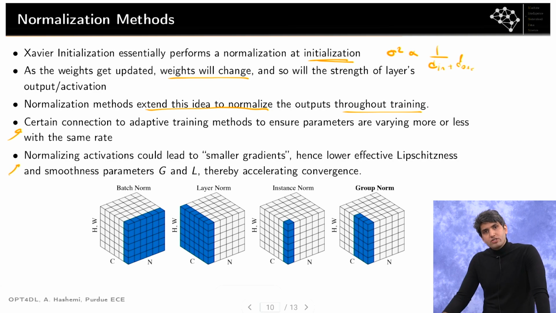I would say normalization ideas are not well understood, despite being very effective. But there have been some studies from the perspective of optimization to try to understand why normalization is effective. A number of these studies suggest that when we normalize activations, this could lead to smaller gradients.